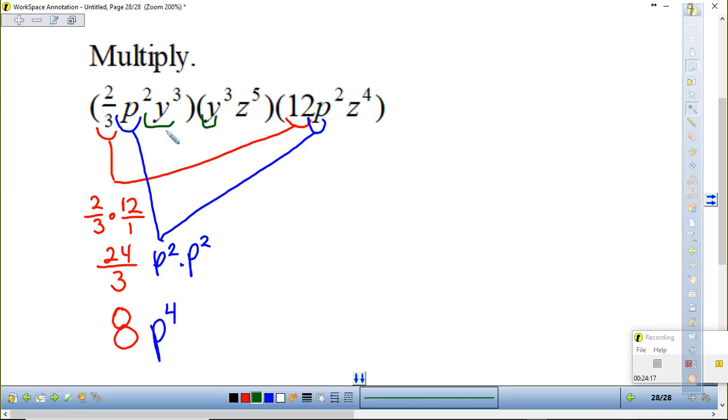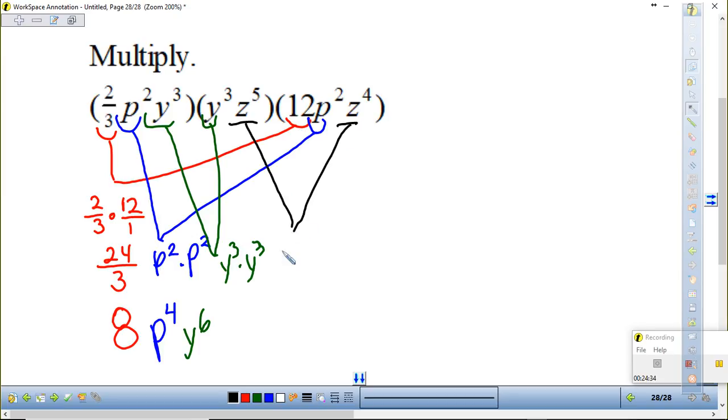Yes, right here. So therefore, we got y cubed times y cubed. And what is that? Y to the 6. All right. And lastly, we got z and z. So that becomes z to the 5th times z to the 4th, which is z to the what? 9th.